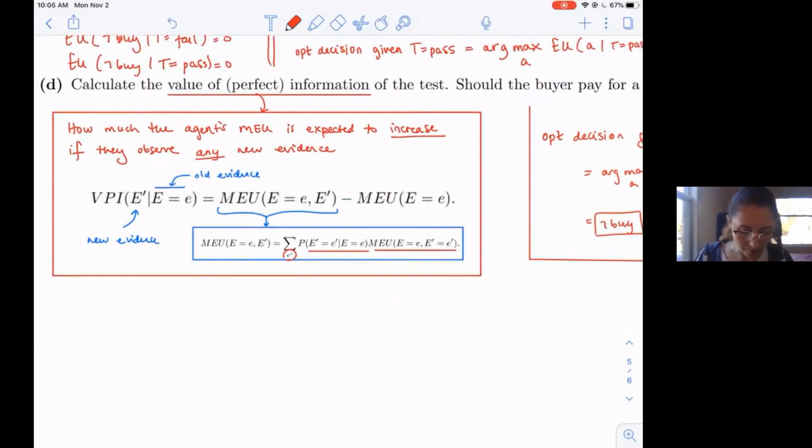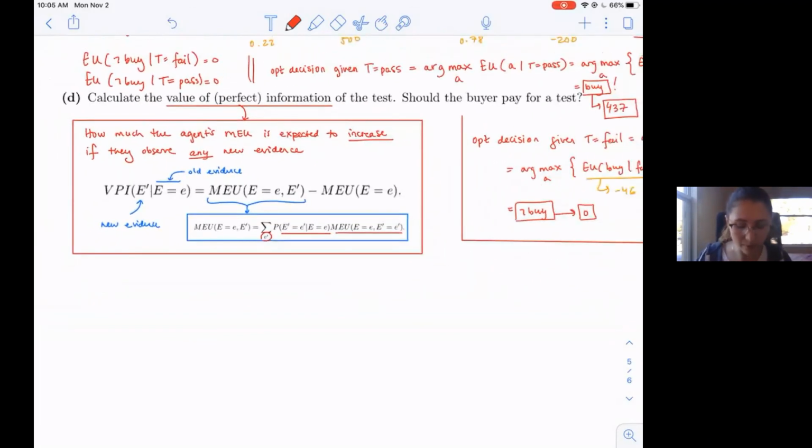So in our problem, we want to compute the value of perfect information of the test. And here we're really not given any old evidence.